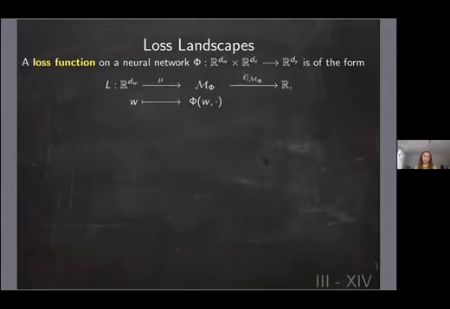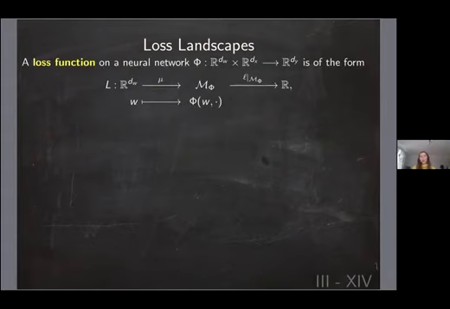Now, what do we want to do with it? So one common thing that we want to do in machine learning is we want to optimize a loss function on our neural network. And so these loss functions are typically of the form that they actually come in some sort of naturally factorized form. So the loss function I call here capital L, and it factors as follows.